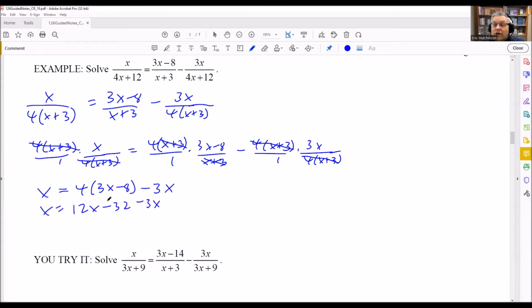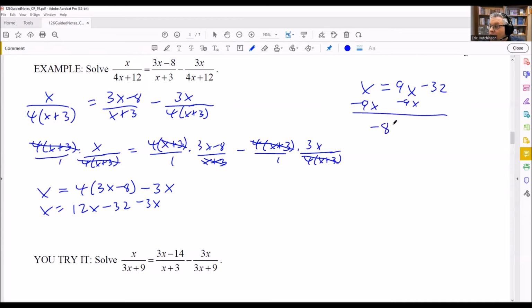We want to add the like terms here, so I'll do that up here. So I have x equals 12x minus the 3x that we have here is going to be a 9x. And then I have minus 32 still. Next, we're going to subtract 9x from both sides.